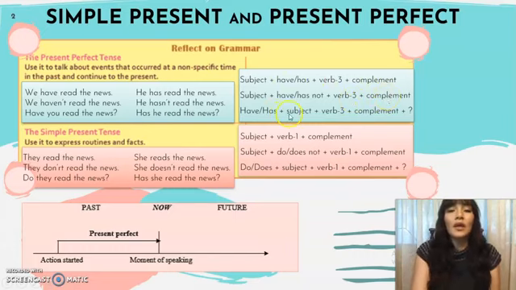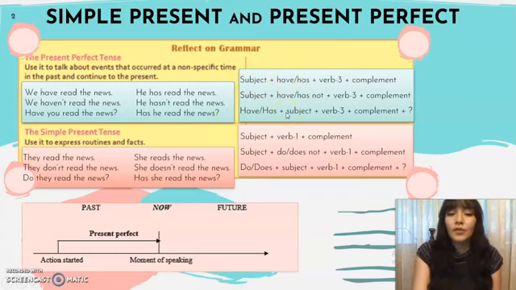And how can we make questions? Let's analyze this structure with the first one. What can you notice here? Okay, we can notice that we just change the order. For positive, we first have the subject, and then we have the auxiliary verb.